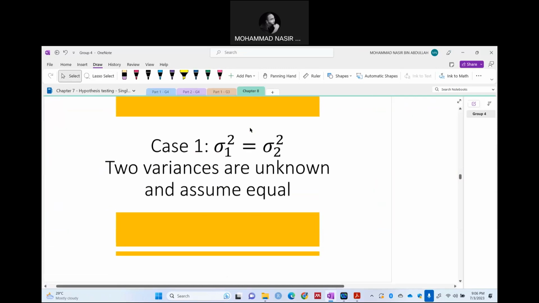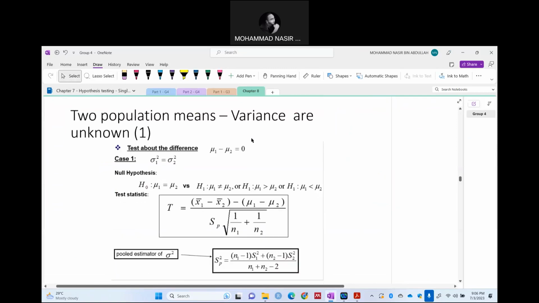So now, let's look at the first case where the population variance is assumed equal. So this is the formula. The hypotheses are the same. We want to test whether the mean of the first population and second population are equal or not equal.